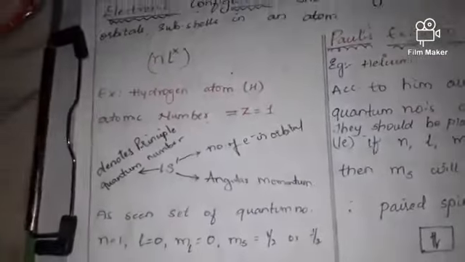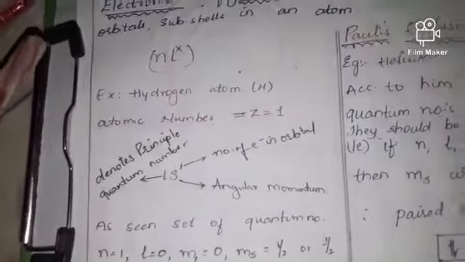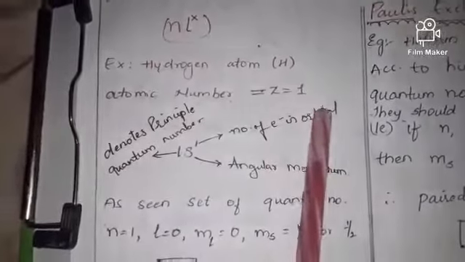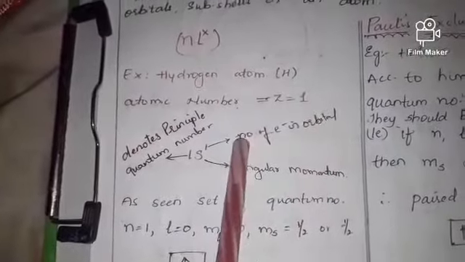Let's take the example of the hydrogen atom. Do you know the atomic number of hydrogen? Yes, the atomic number of hydrogen is equal to 1.